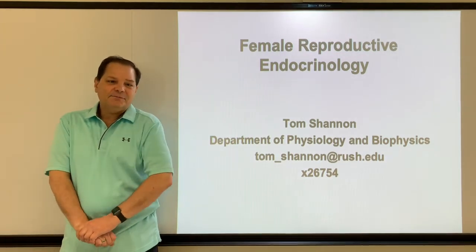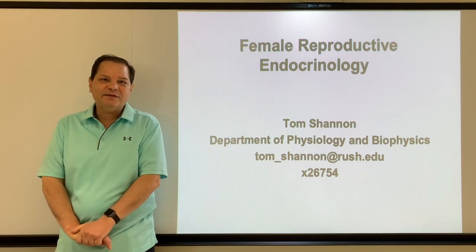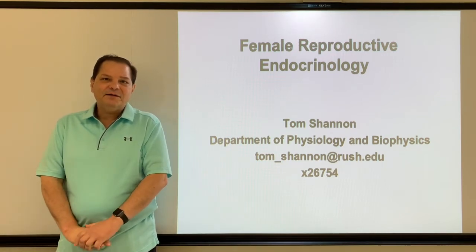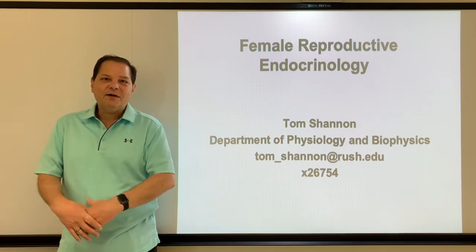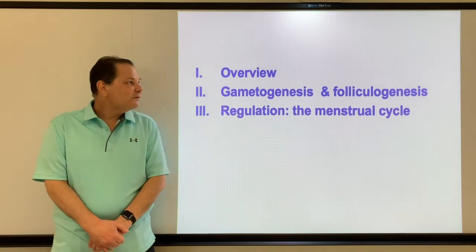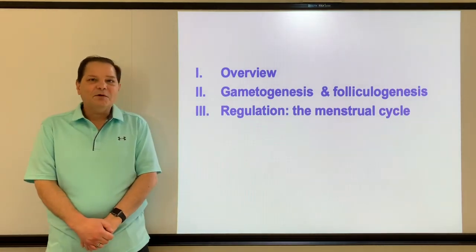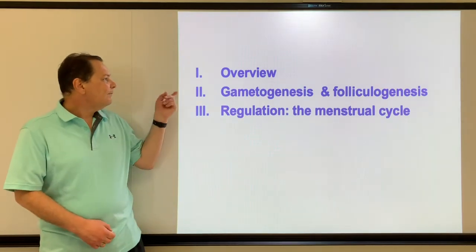As I told you in the overview lesson, this is a double length lesson. That is, it is twice as long as a normal lesson, and that's because the female reproductive cycle is reasonably complicated. So we're actually going to go through this cycle twice.